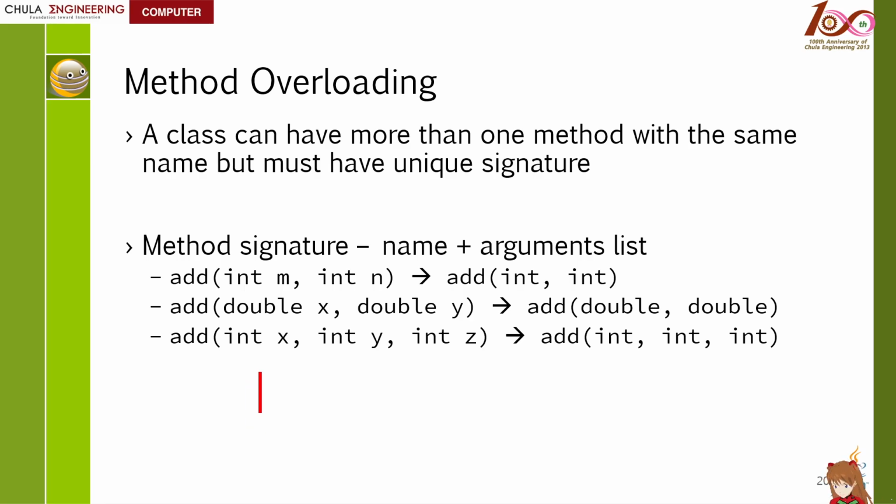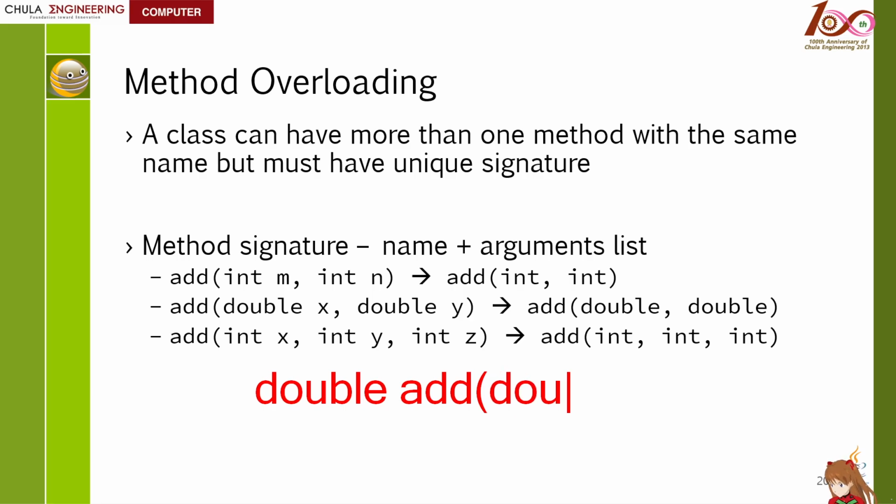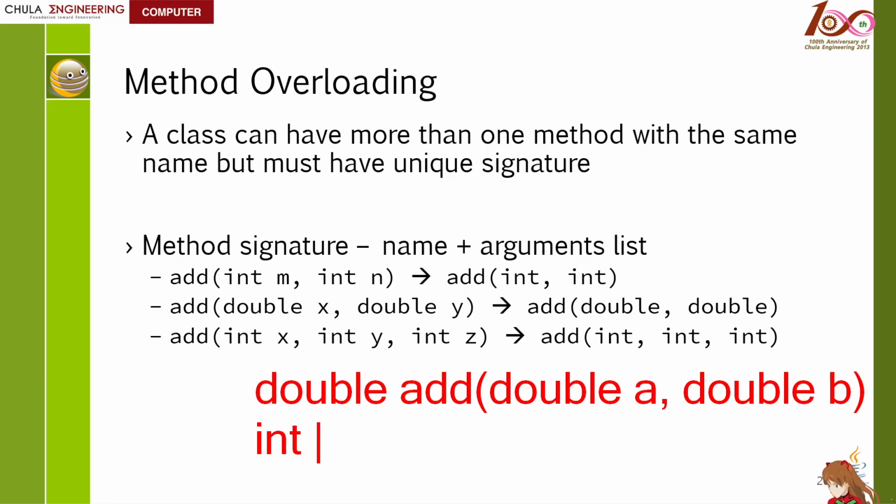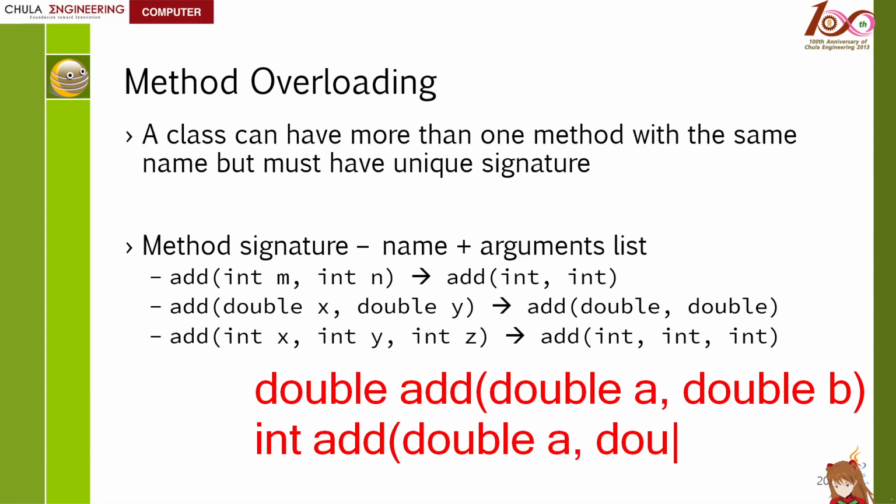Alright? That, well, if you have a method, let's say, I have method double add with parameters A and B, and I also have a method, let's say, int add with parameters A and B, like this.